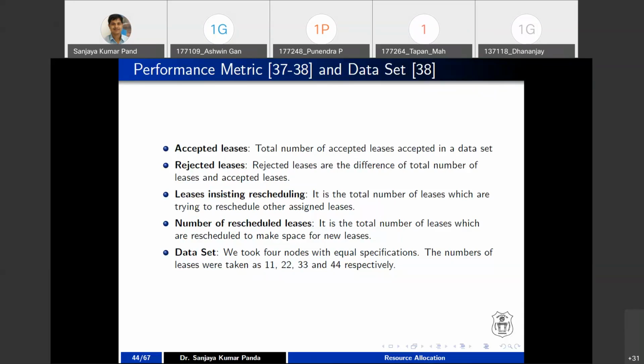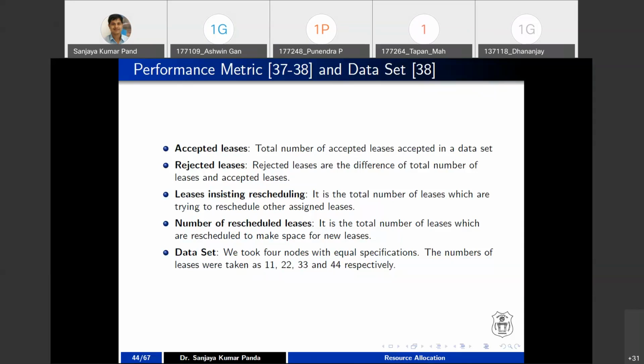The third one is leases insisting rescheduling. Very important, don't be confused in the next two terms. For example, L1, L2, L3 are already activated in the system, and L4 is the new lease arriving. When L4 arrives, there is no space for L4.